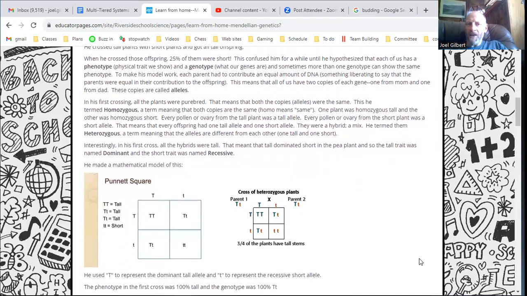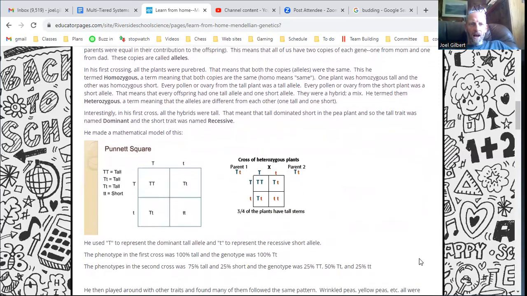So here's his mathematical model of this. Here he is crossing the hybrids, the heterozygous. Here's a heterozygous crossed with a heterozygous, and 3 out of the 4 have a dominant T, the capital letter in this case.